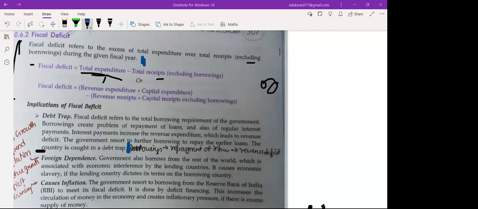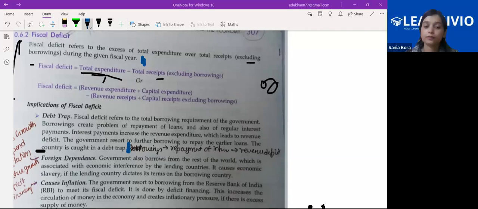Until where do I have to write? This one, the first one.